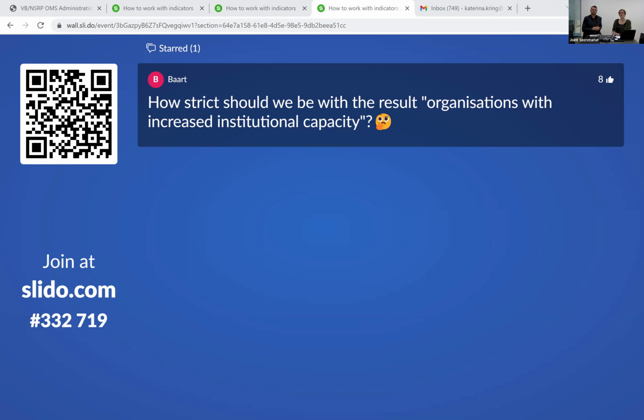And then when it comes to reporting at a later stage, and you are saying that, let's say, three organizations outside of your partnership will have increased institutional capacity, then you will have to report on that. You have to deliver short information in the online monitoring system. We are currently working on how you can report on it. But you can't get away with just saying we have three organizations with increased institutional capacity. You have to report on it at a later stage. I hope that answers your question.